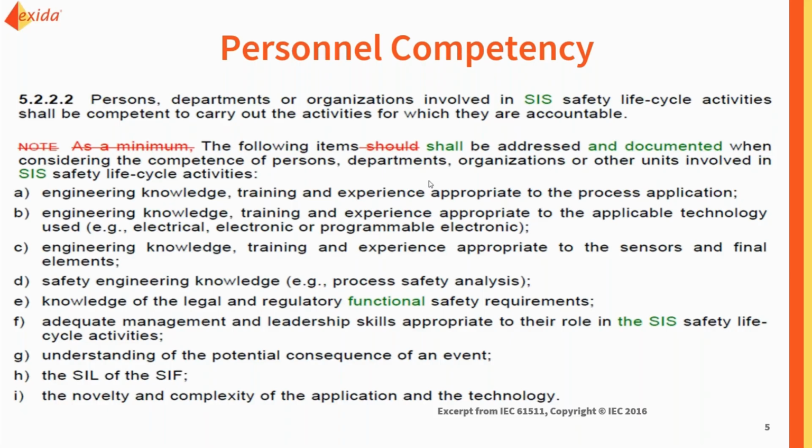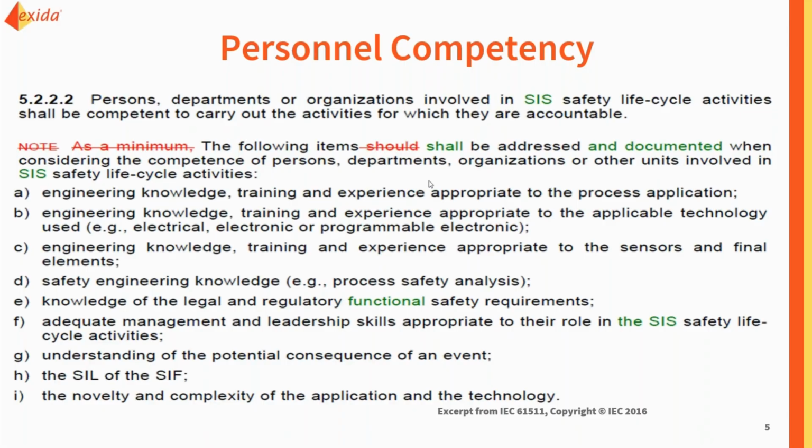It also talks about adequate management and leadership skills for the particular role in the CIS safety lifecycle, and making sure that we understand what is the potential consequence of an event, along with the SIL for the CIF and how to determine what safety integrity level we require for the CIF, plus the novelty and complexity of the application and technology.